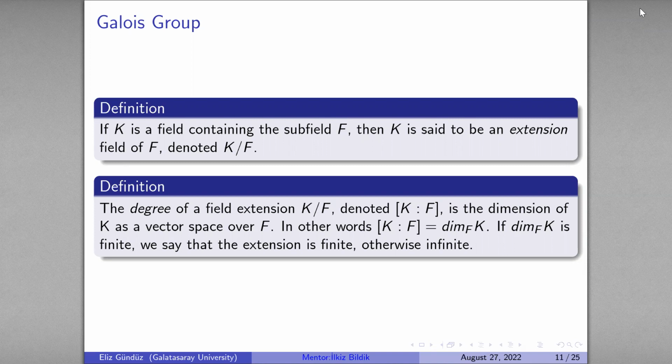And the degree of a field extension is the dimension of K as a vector space over F. The degree of this extension will be 2, because the complex numbers form a two-dimensional real vector space.